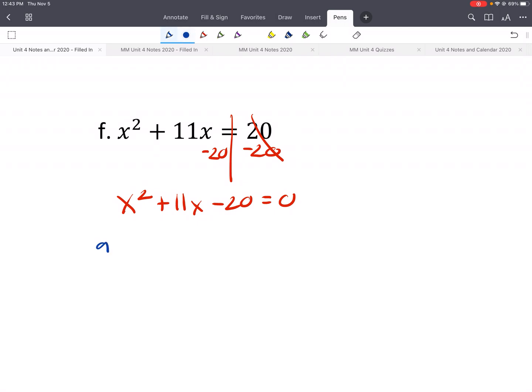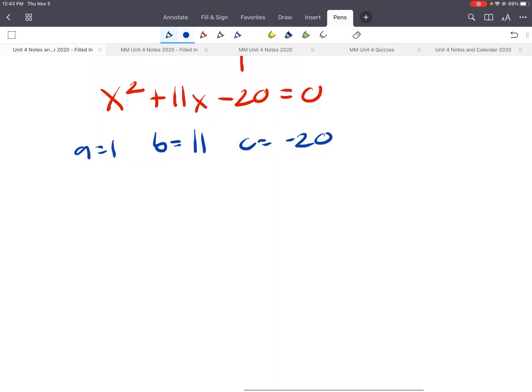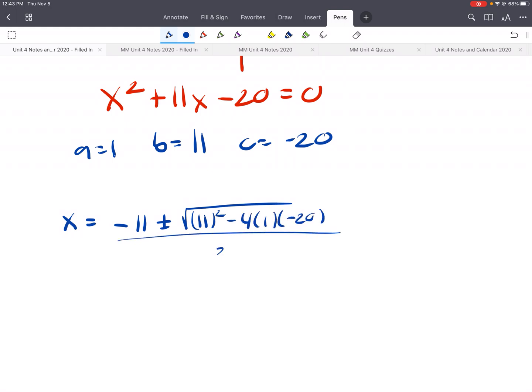We'll label A equals 1, B is 11, and C is negative 20. So x equals negative b plus or minus the square root of b squared minus 4ac, all over 2a.